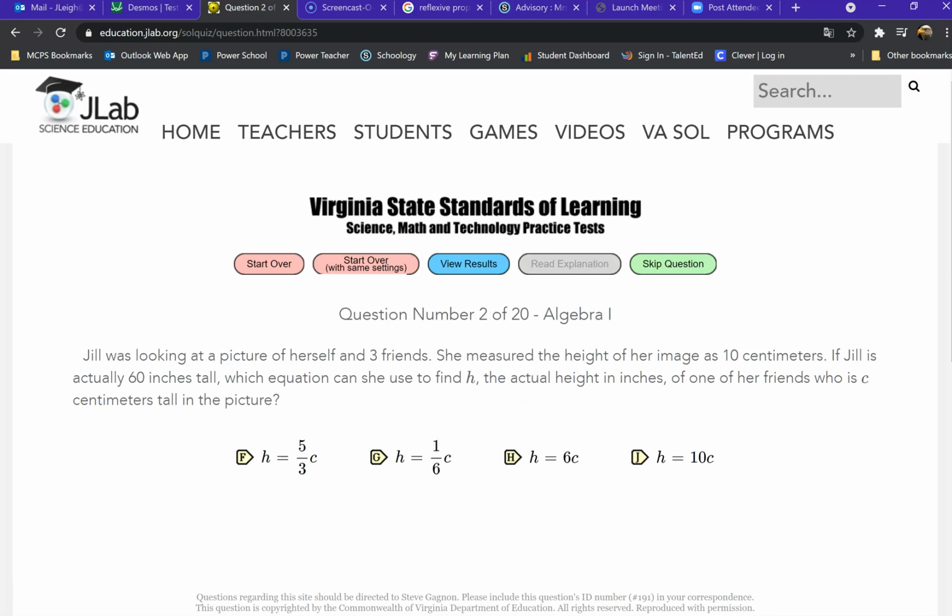Number 2. Jill was looking at a picture of herself and 3 friends. She measured the height of her image as 10 centimeters. If Jill is actually 60 inches tall, which equation can she use to find H, the actual height in inches of one of her friends, who is C centimeters tall in the picture?